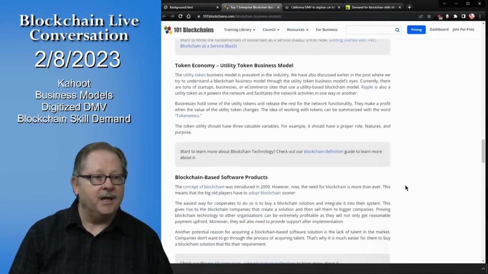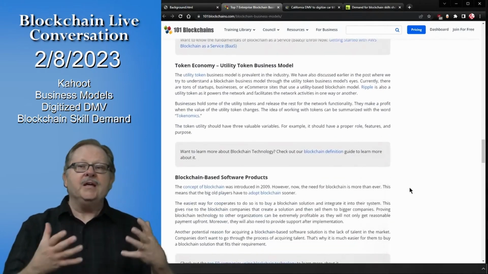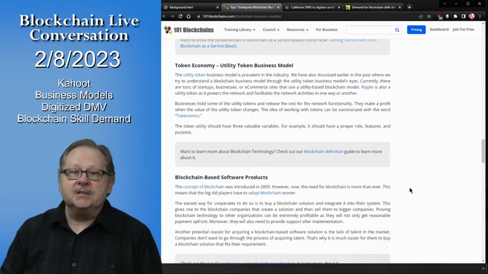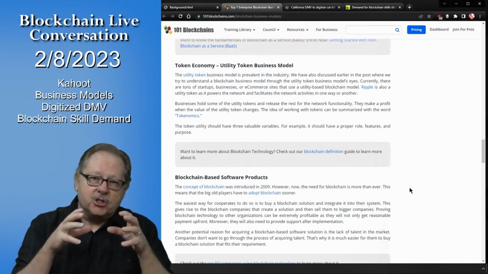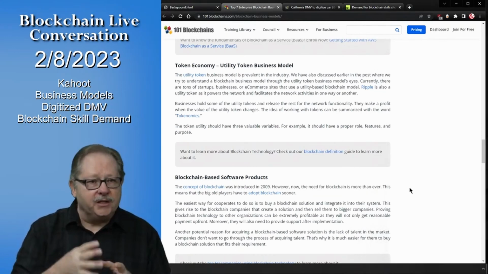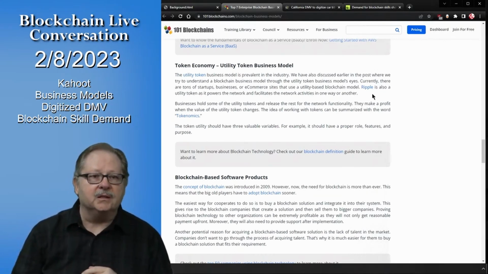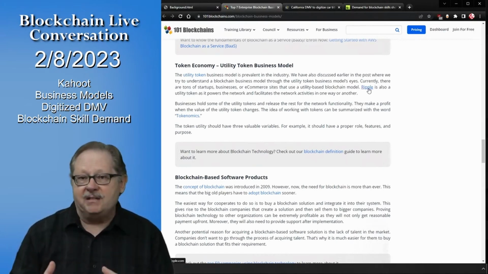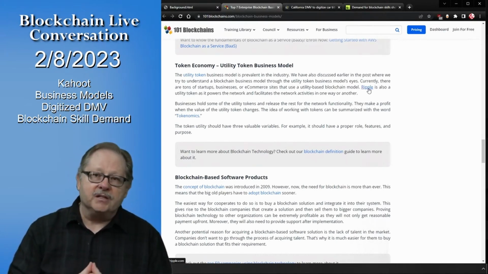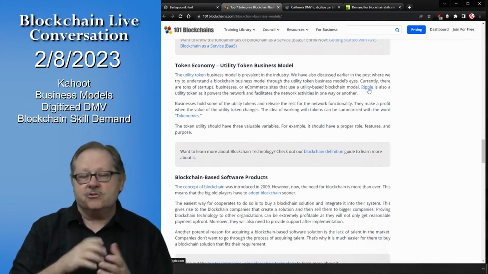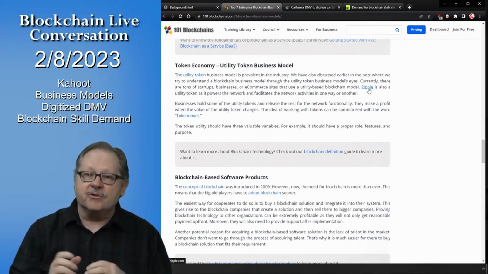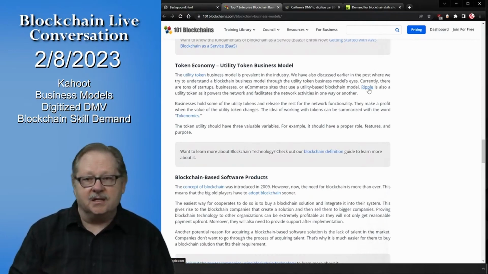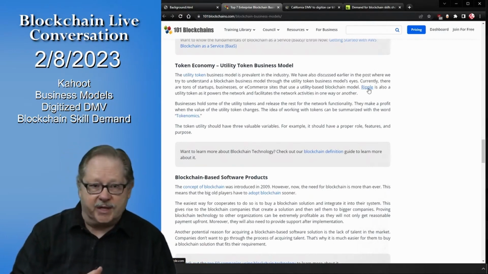Okay, so now we get into the token economy. Now, token economies have blockchains where the token does the work. And they use the example of Ripple here. Ripple is meant to be a token used by banks to transfer funds from bank to bank. Trust companies also use it to transfer monies between trusts for real estate sales and various different financial transactions.